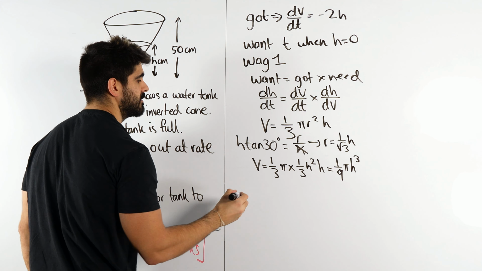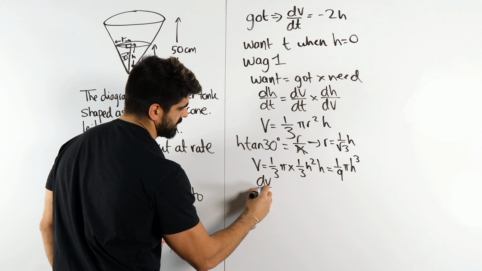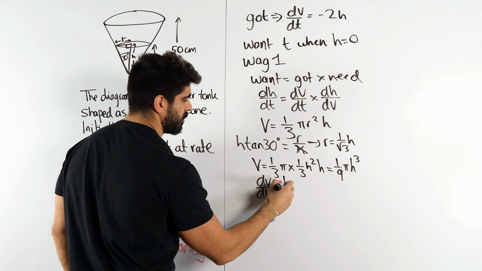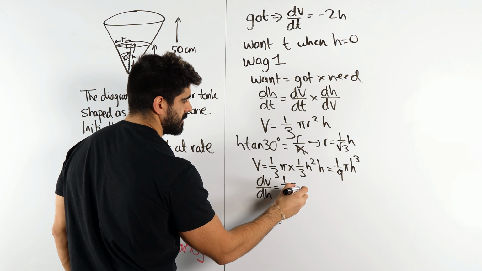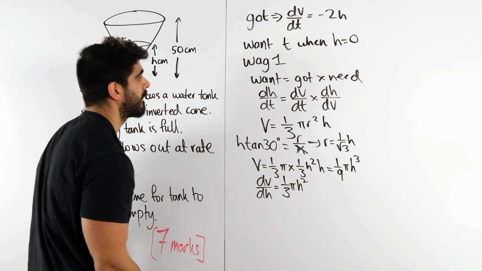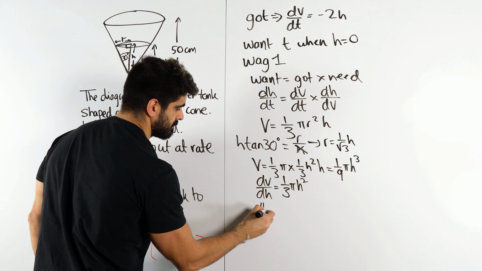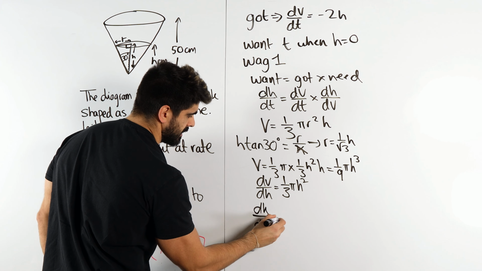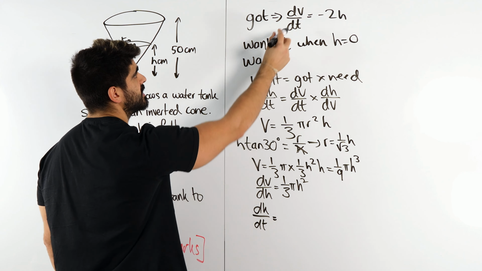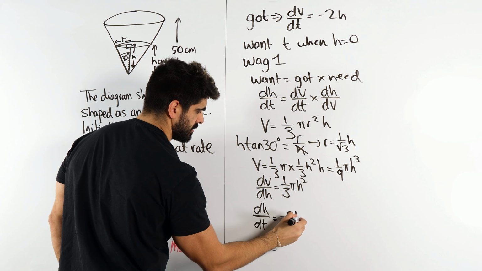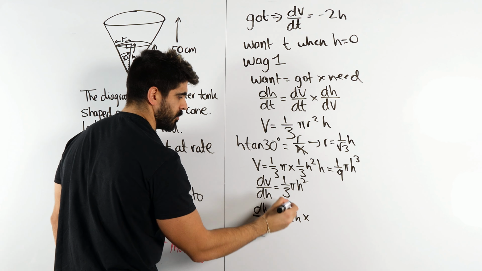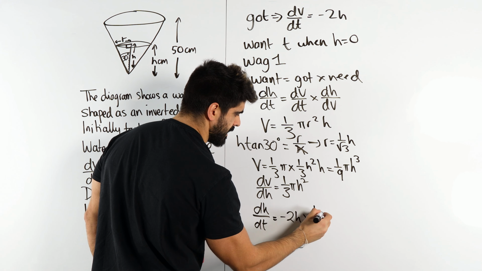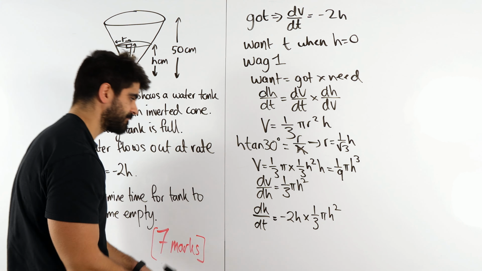So now we do dV by dH. Bring down the 3: 1/3 pi H squared. So we have dH/dt is dV/dt, which is minus 2H, times 1/3 pi H squared.